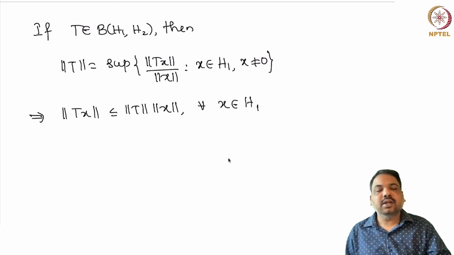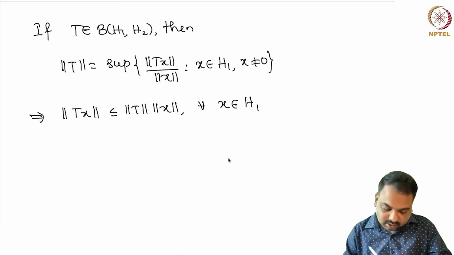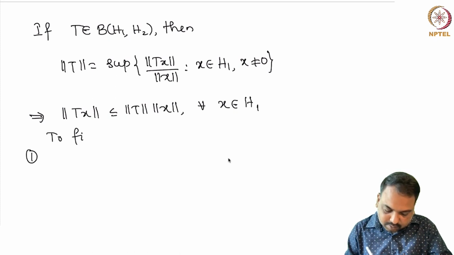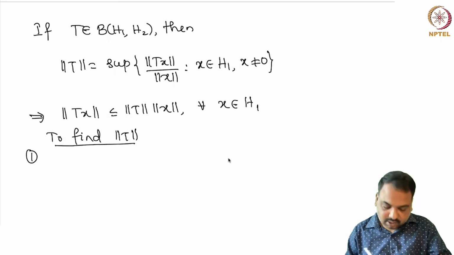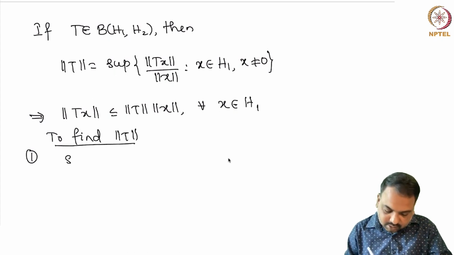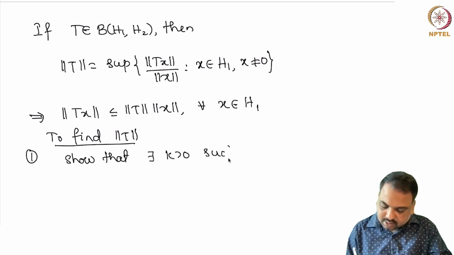So, in order to find the norm of the operator, the first step is to show that there exists some k such that norm Tx is less than or equal to k times norm x for every x in H1.